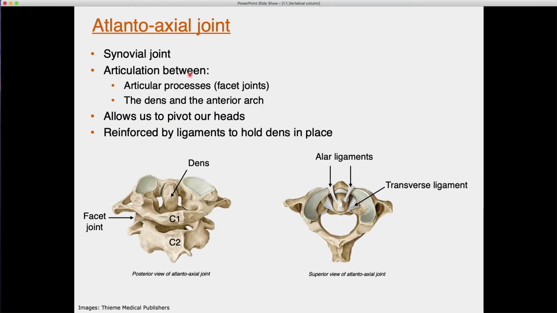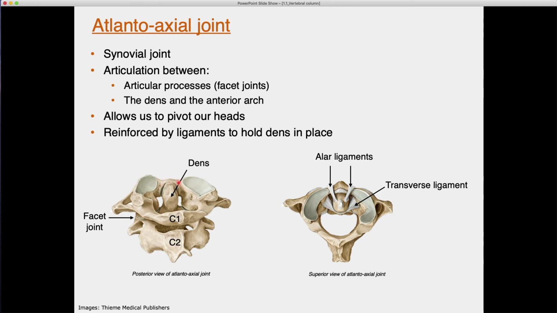Now let's look at the joints between C1 and C2. These collectively form our atlantoaxial joint. So what are these joints? On each side we have the facet joints formed by the union of the articular processes, and we also have a joint between the dens of the axis and the anterior arch of C1.